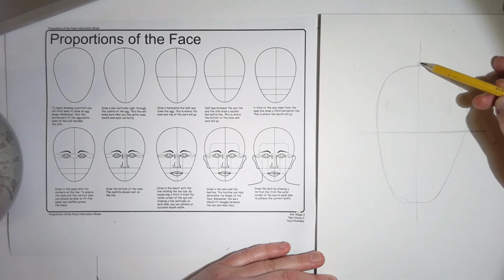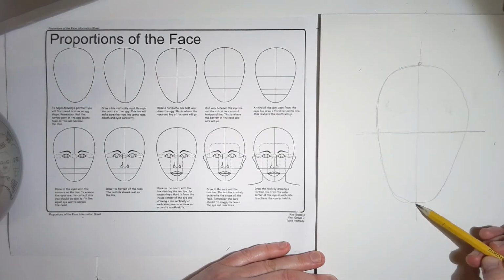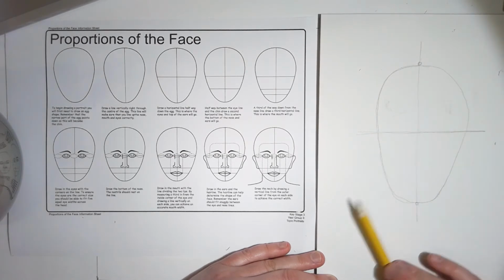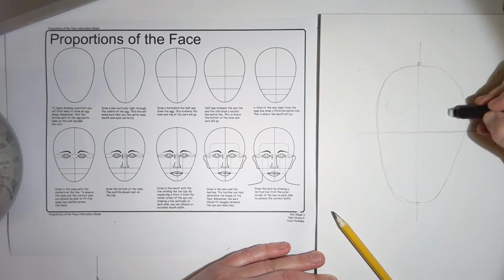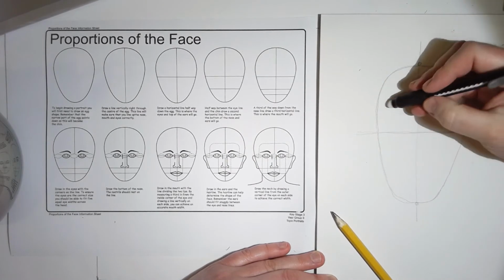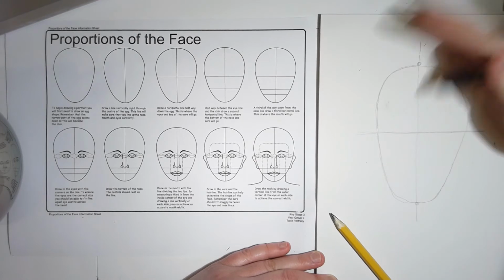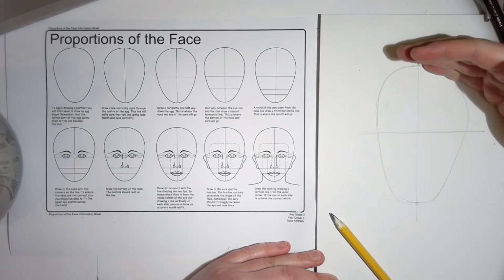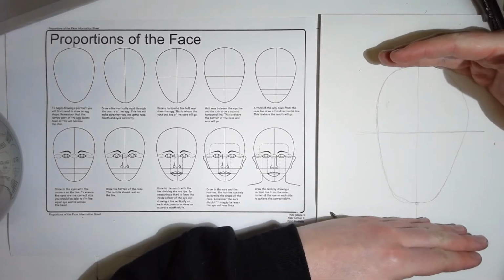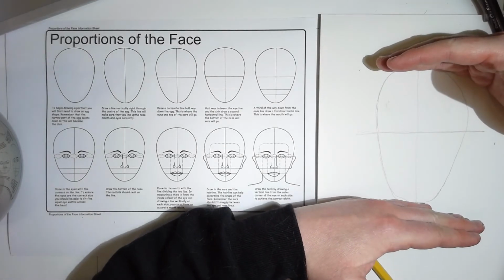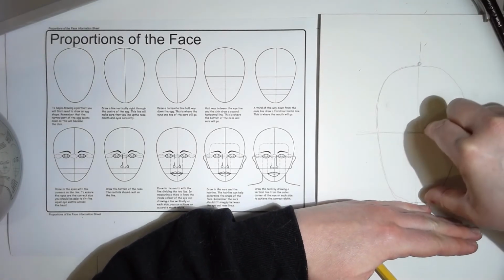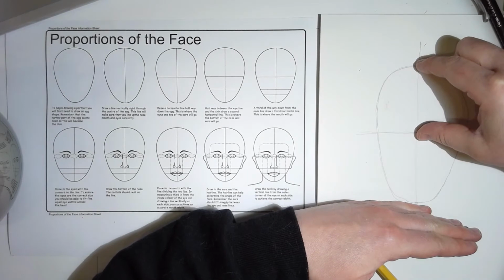Between the top of the head and the bottom of the chin is the line that your eyes fall on. You may not believe it. I want you to look in a mirror while you're doing this. If you put your hand right on top of your head and your other hand on your chin, look at that proportional relationship. It's half and half.